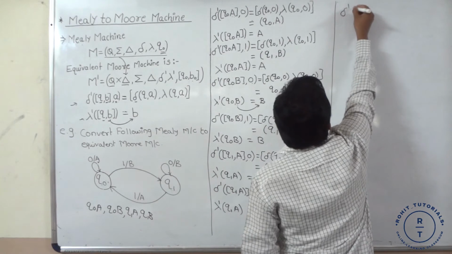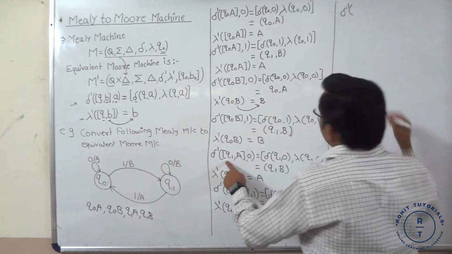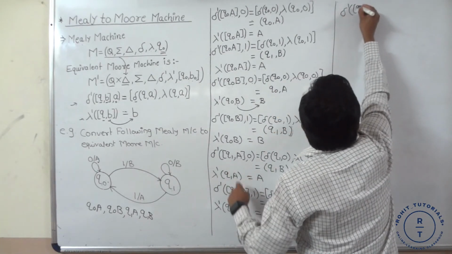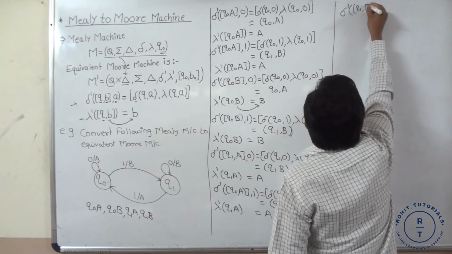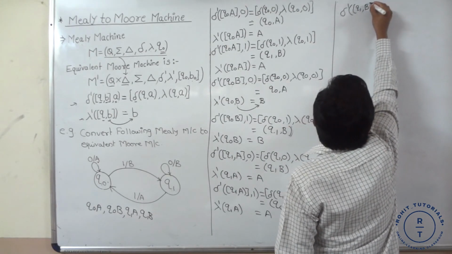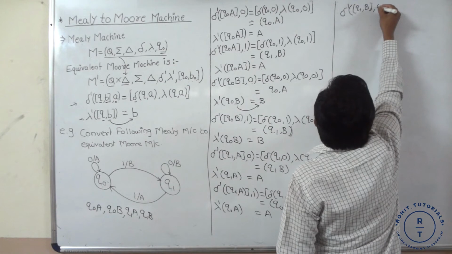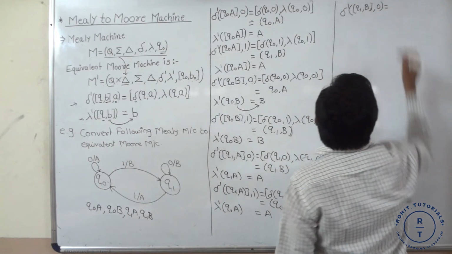Transition function Q1 state B output, input symbol is 0.